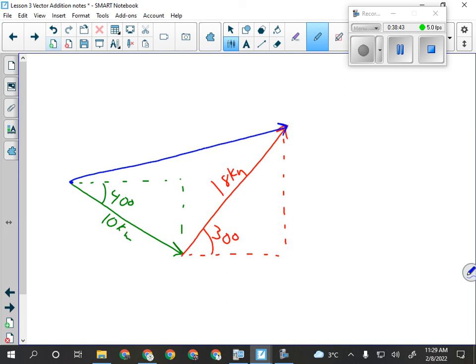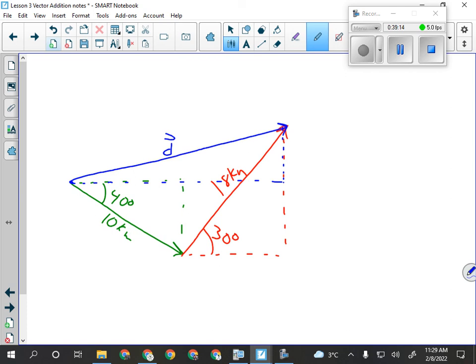If I want to calculate the magnitude and direction of my overall displacement, I need to know how far east and how far north this thing goes in total. I would need to know essentially that triangle.